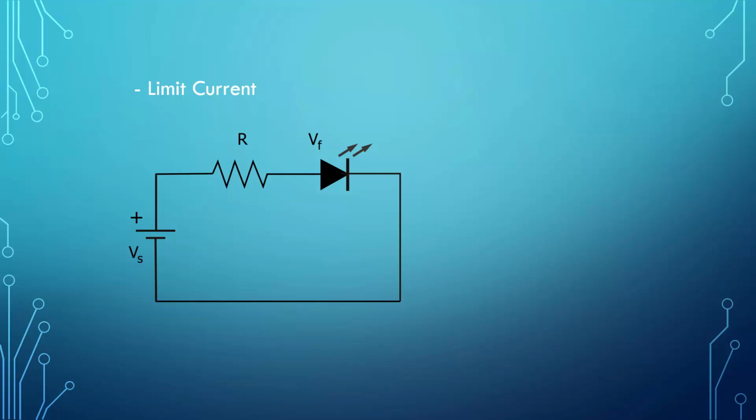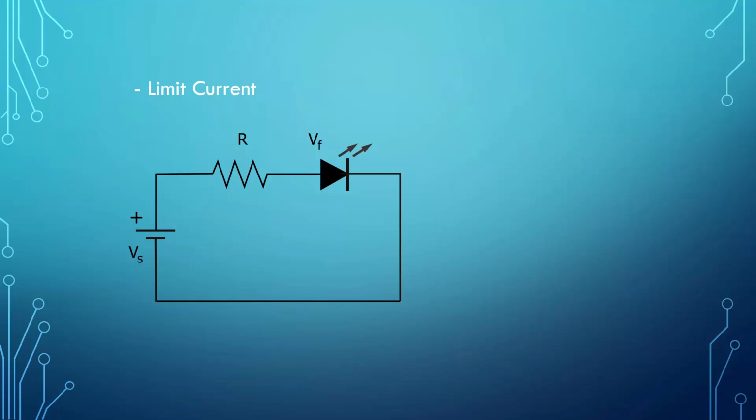As you can see in this picture, it's used as a current limiter for this LED. An LED will have a certain forward voltage called VF. That is the voltage which is required to make an LED light up, and it varies between 1.7 volts and 3.4 volts, depending upon the color of the LED.